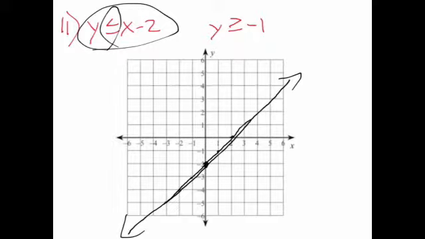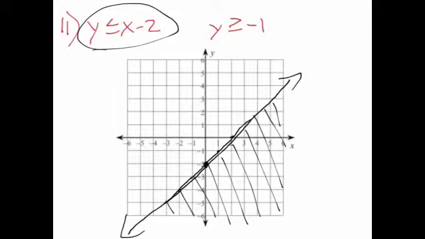And since it says less than, you can look at your line, and less than is down below, so I need to shade down in this region here. And so there's my first graph. I'm going to graph this other one in green. That says y greater than or equal to -1. Well, pick any x value you want. The y value, if you're just graphing the line part, is going to be -1.